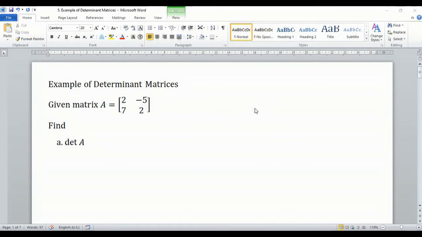Okay, now we have example of determinant matrix. We already learned about example from determinant 1 by 1 from the previous PowerPoint, but now we will talk about determinant 2 by 2.